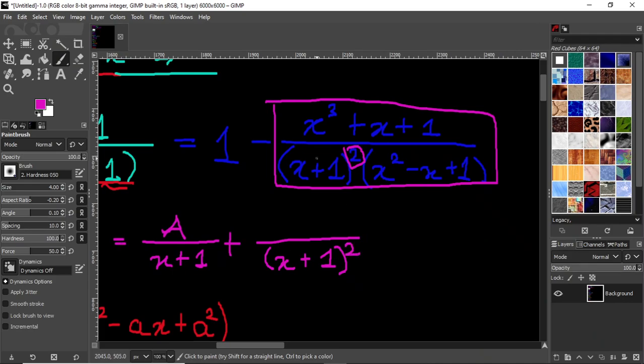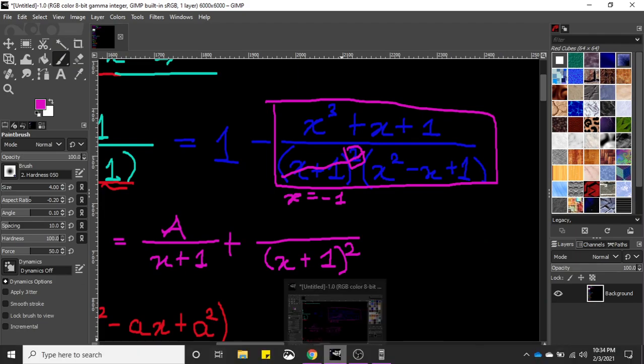And we can actually use our shortcut here, since the linear factor has a power. This is 0 when x is equal to minus 1. We're going to pretend it's not there and evaluate this fraction at x equals minus 1.